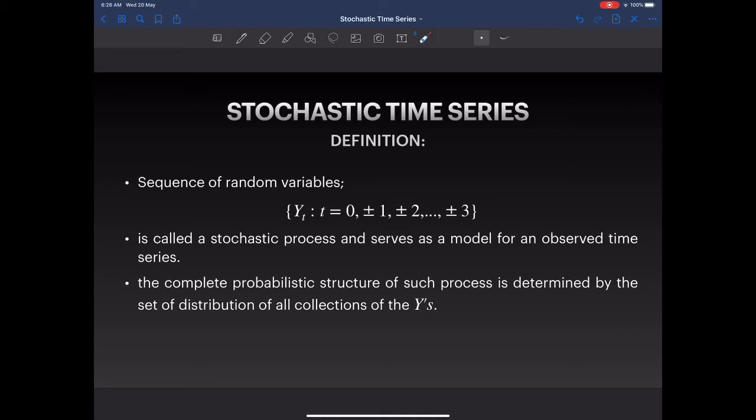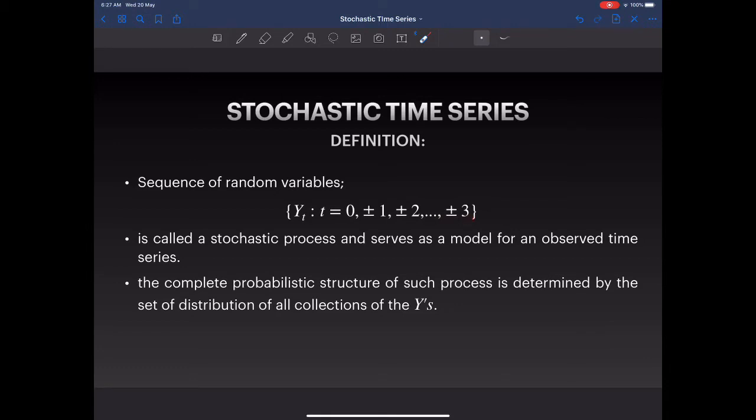So each random variable's probabilistic character may depend on each other. The process here is represented as this, a series of random variables.